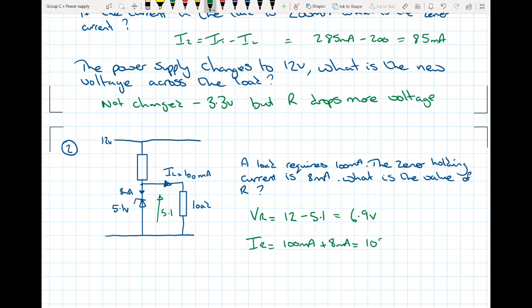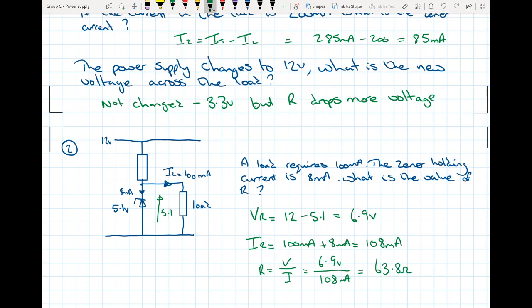This is a total current of 108 milliamps. So resistance equals voltage divided by current. So 6.9 volts divided by our 108 milliamps gives us 63.8 ohms.